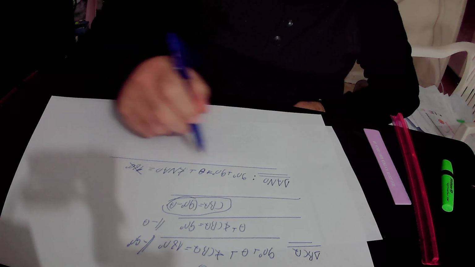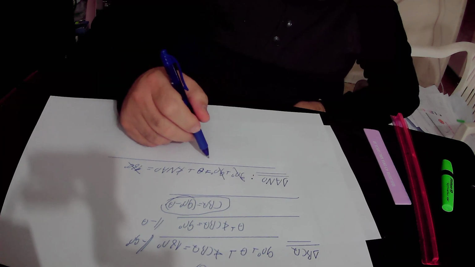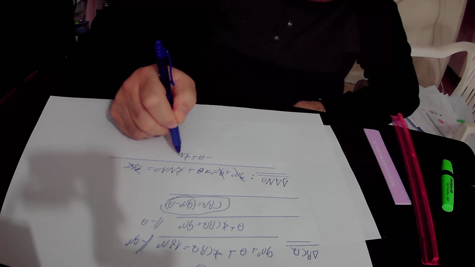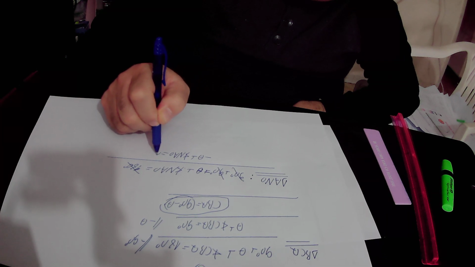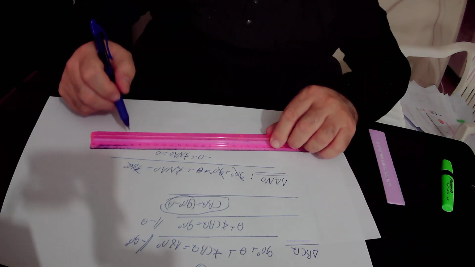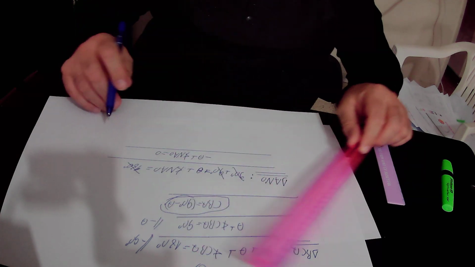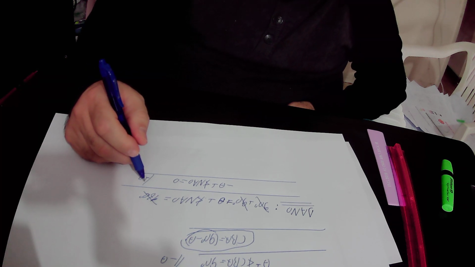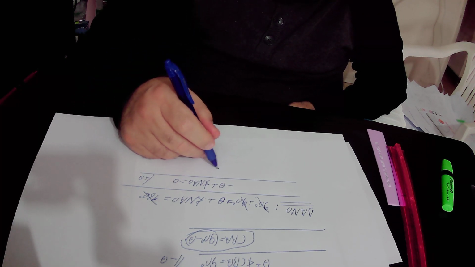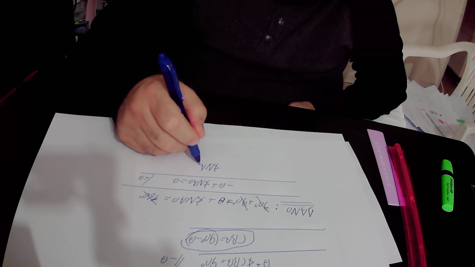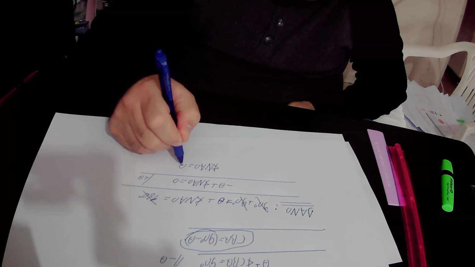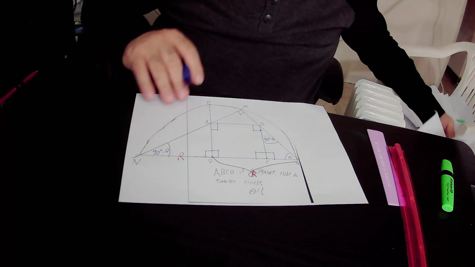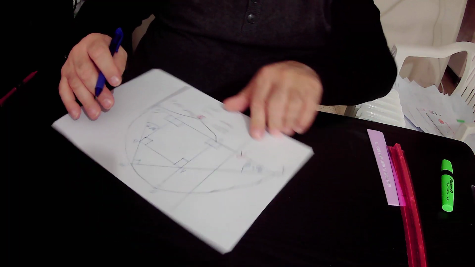So 180 degrees will get cancelled, and we are left only with minus theta plus angle NAO that is equal to 0. We will add angle theta to this equation, and we will get that angle NAO is equal to theta. So I found out that angle NAO is equal to theta. This angle equals theta.